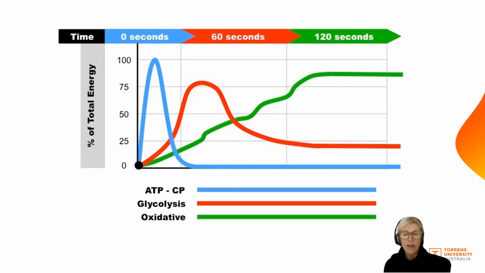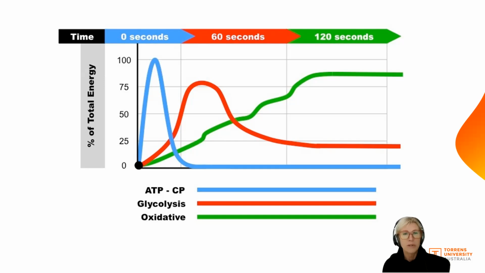But as you follow that blue line, in really high intensity exercise, the first 10 to 15 seconds is going to be using this system. The system doesn't last very long because you can't keep the intensity up. If you were doing, say, squat jumps, you can't keep the intensity and keep getting the same height for, let's say, 5 minutes.